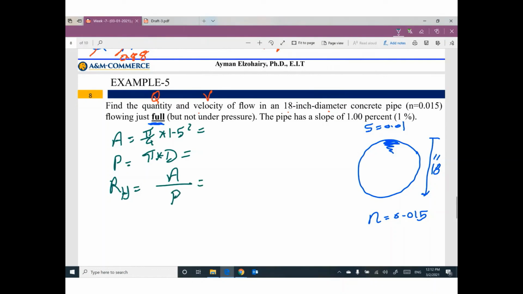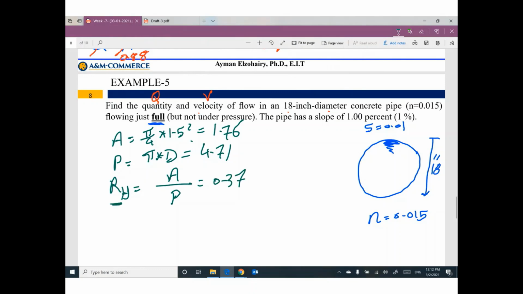Do you think? 0.37. That makes sense. Will be the same.